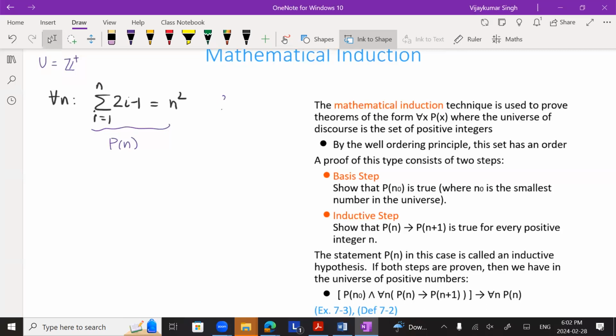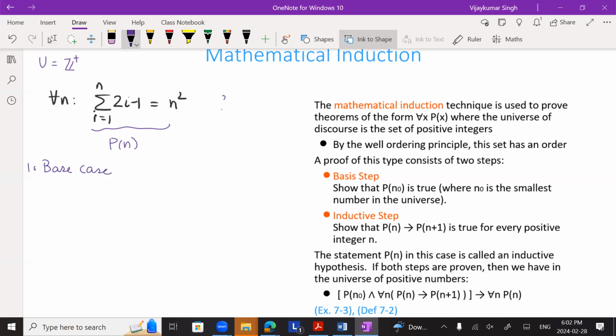So how do we prove it? There are steps to it. One step is the base case. The base case is where you prove it for the smallest element in your universe. Generally, in most of our problems it will be 1, but as I said earlier, you could be starting from 3, 4, 5.